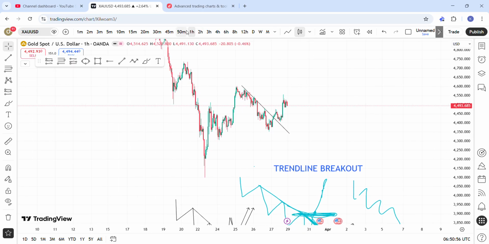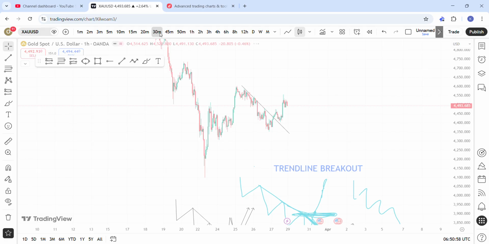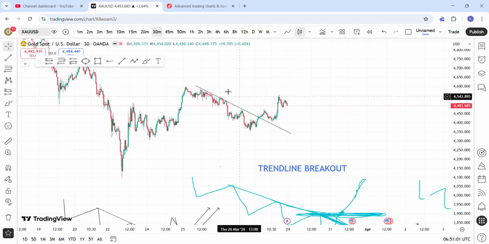And see the trend line, see 30 minutes for a clearer view.